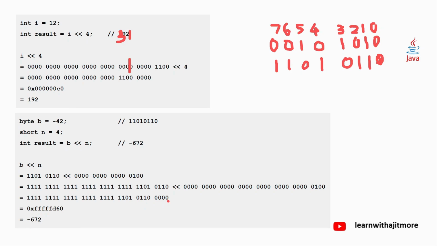Just check. This is 1, this is 2, 4, 8, 16, 32, 64. And this way, wherever you get 1, all that you have to add, which will be a very, very huge number. Understanding? Always remember, when the sign bit is 1, you're not supposed to take decimal directly. First, you have to convert to 2's complement.